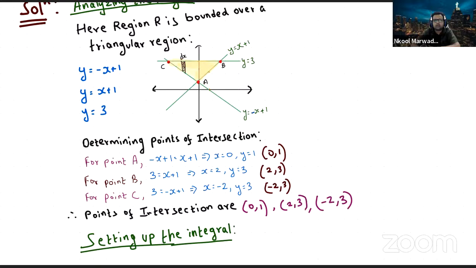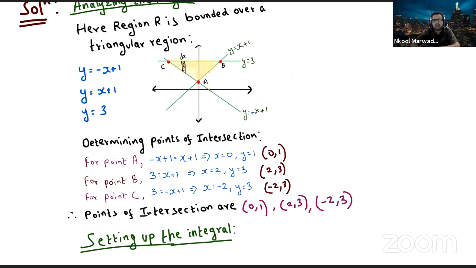Here we couldn't take the other strip, because then how to define the limit? It will be very difficult for us. But in this way, we know how to define the limit, because x will vary from here to here.